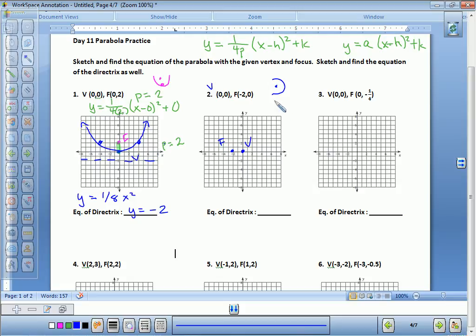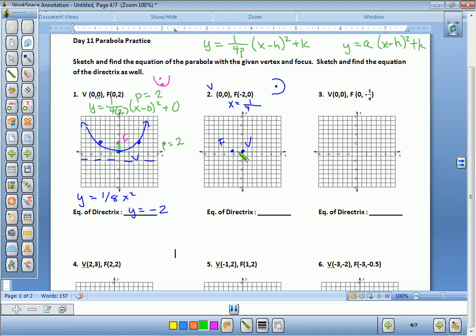Yes, it is going to start with X, and we know it's going to be negative because it's going left. When it opens left, it's negative. If it opens right, it's positive. Now we have to find that 1 over 4p. From here to here, I'm going left 2. So that is -2.